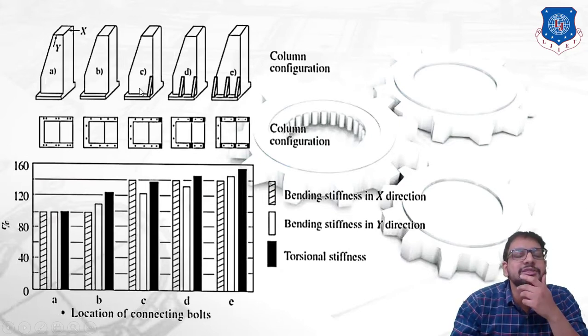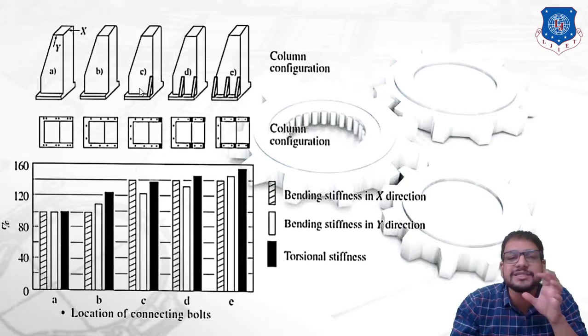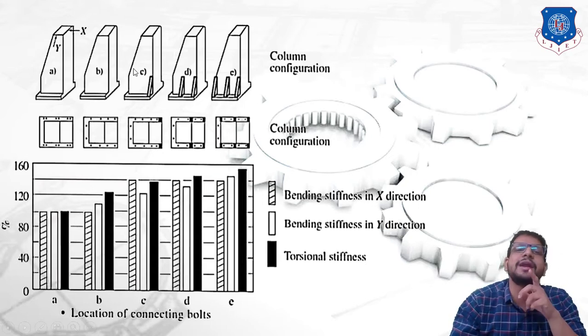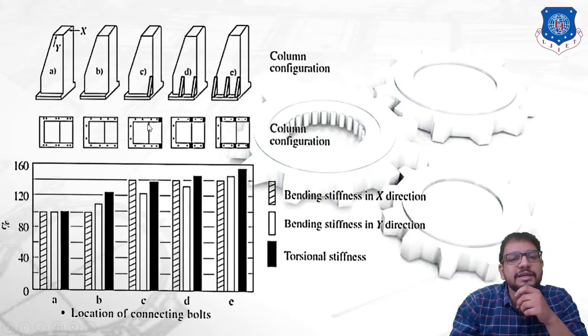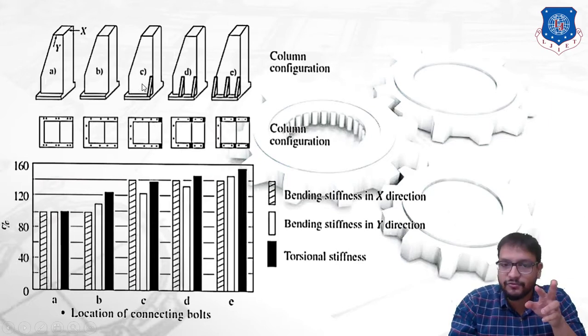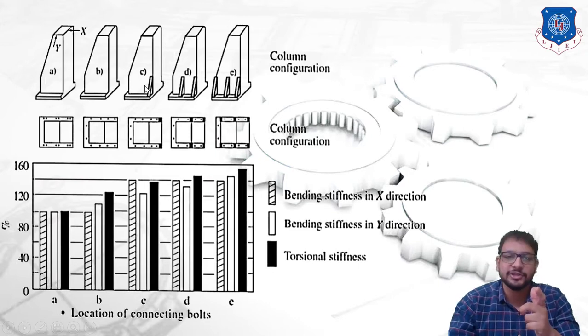In the third case, you can see I have used one flange stiffener, or we can say a stiffener rib is provided, that is C1. So you can clearly see that fastening bolts are used as well as flange ribs are provided. This is going to increase the bending stiffness in x and y direction.